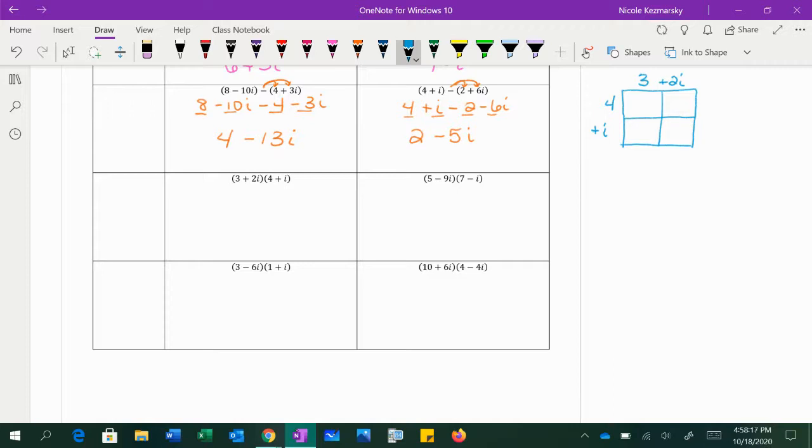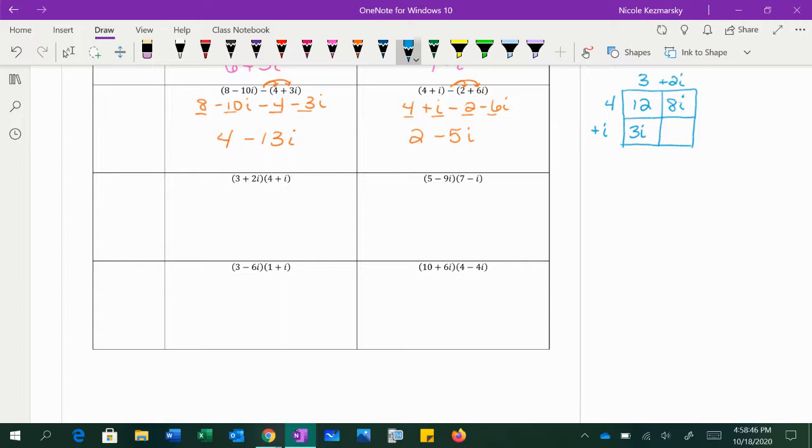Then I'm going to multiply, kind of like a multiplication chart, to get the values in each of the quadrants. I'm going to start with the upper left, and I'm going to do 4 times 3, because those are the ones touching it, so that's 12. For the upper right, I'm going to do 4 times 2i, so 8i. Lower left, I'm going to do 3 times i, so 3i.